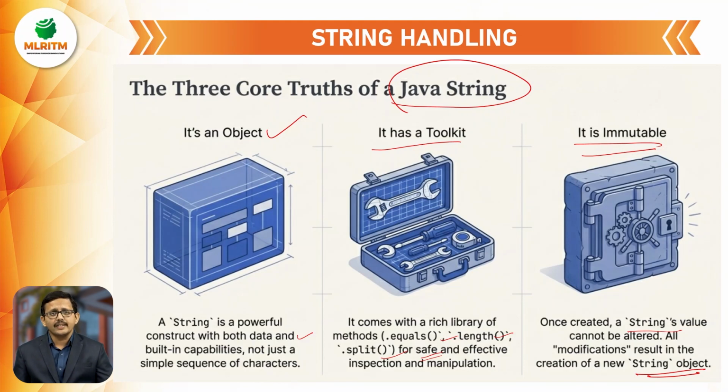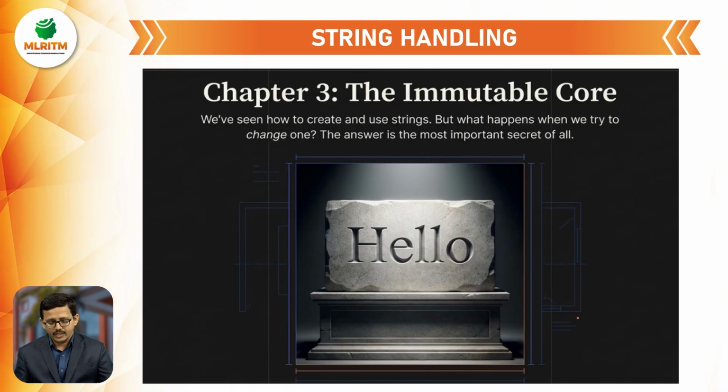All the modifications you make to it just create new string objects. This is clear. Now let us go deep into the concept of immutability. What makes it different from other programming languages is that a string is considered an object, and also an immutable object. So let's dig deeper into this immutable concept.